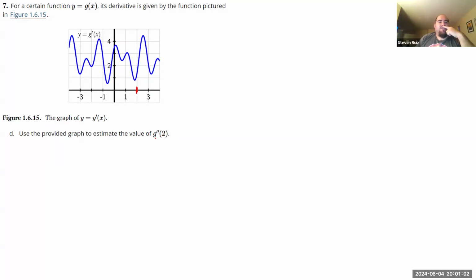So what I'm being asked for here, G double prime of 2, is, let me make sure I know the right way to word this, the instantaneous rate of change of G prime of X at X equals 2.